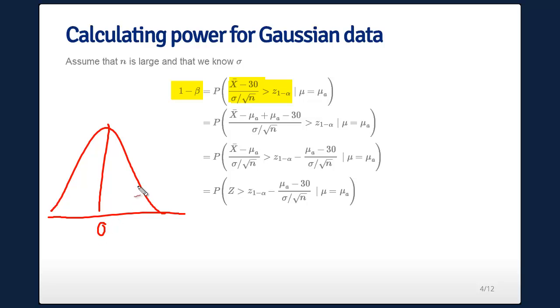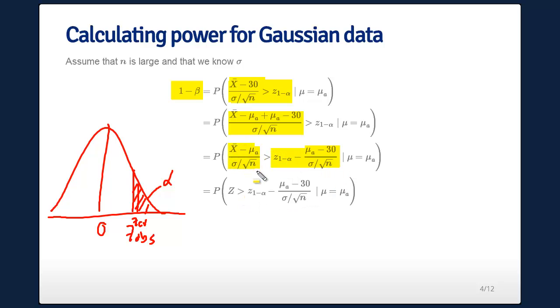We reject if that normalized test statistic Z observed is bigger than the Z critical value, where that critical value is chosen so that alpha lies up there. But remember, 30 is no longer the true mean. We can add and subtract the true mean right there, and we subtract this part from the other side. So we haven't done anything.